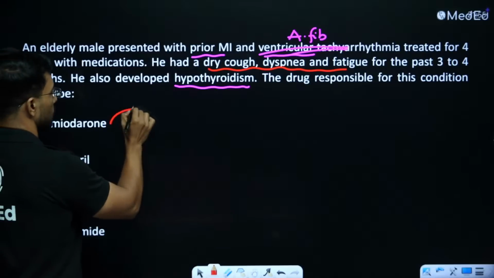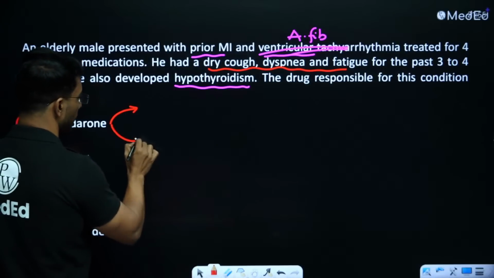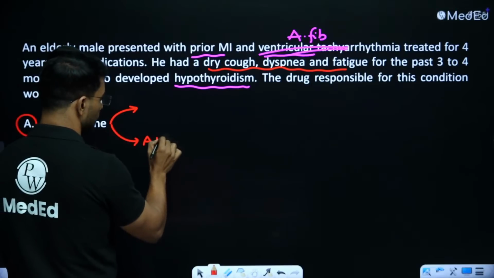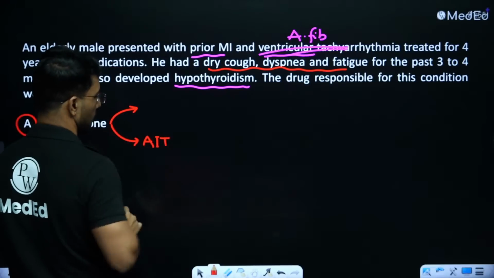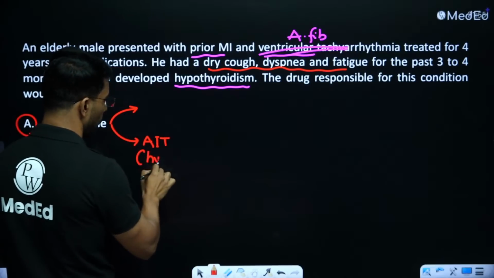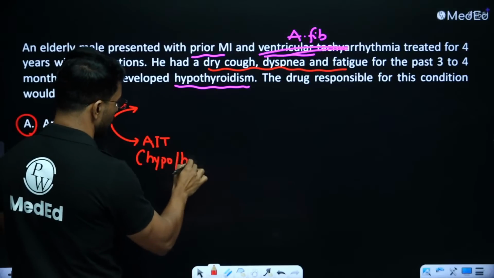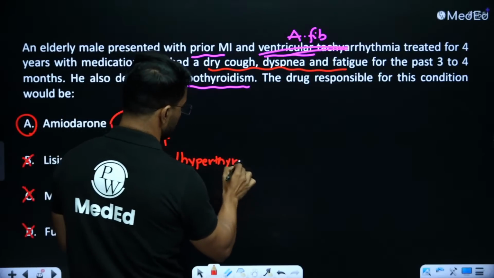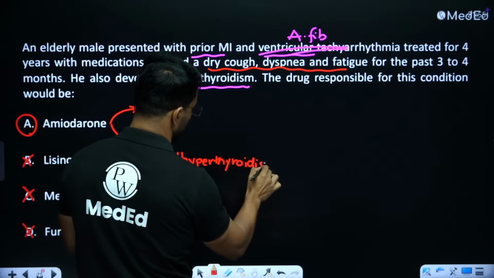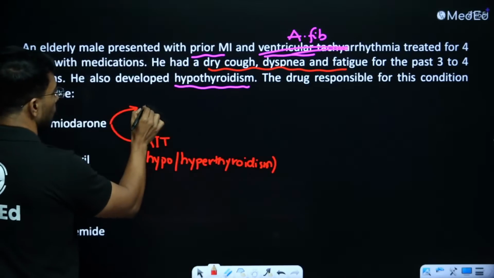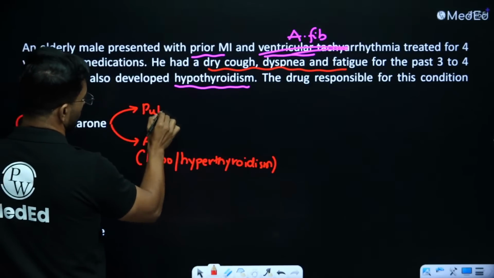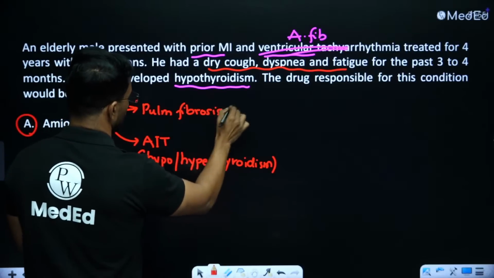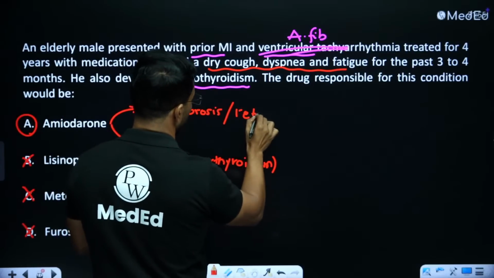Amiodarone is known to cause amiodarone-induced thyrotoxicity, where it can cause hypo as well as hyperthyroidism. Second, it is known to cause pulmonary fibrosis. It is also known to cause retroperitoneal fibrosis.